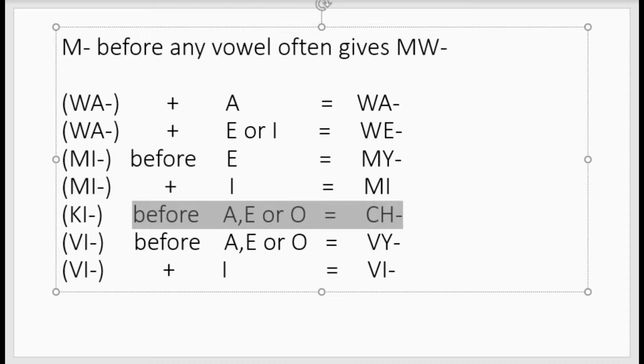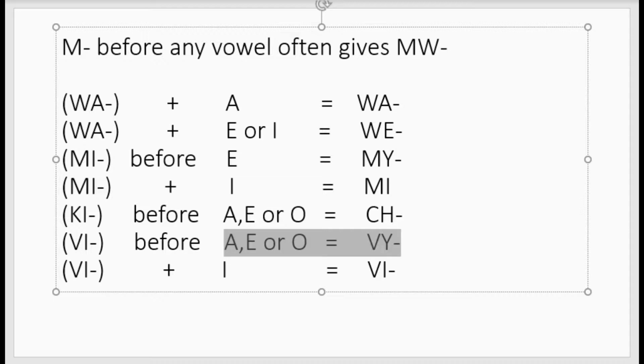Vi before a or o, you get via. Vi before e, you get vi. Now to understand these rules, we'll go into examples, and we will know what it means by wa plus a, or vi plus e, and so on.